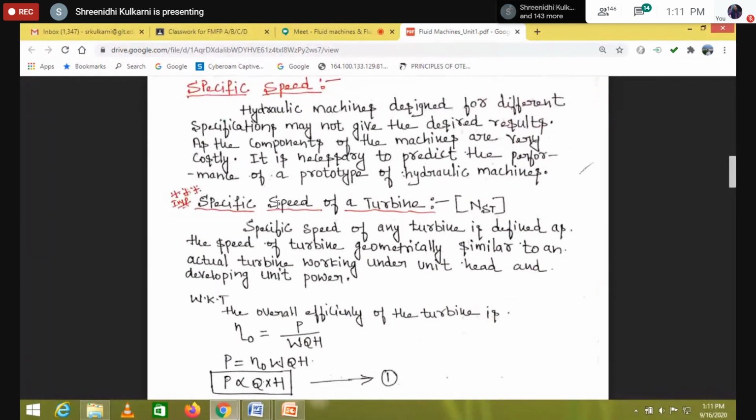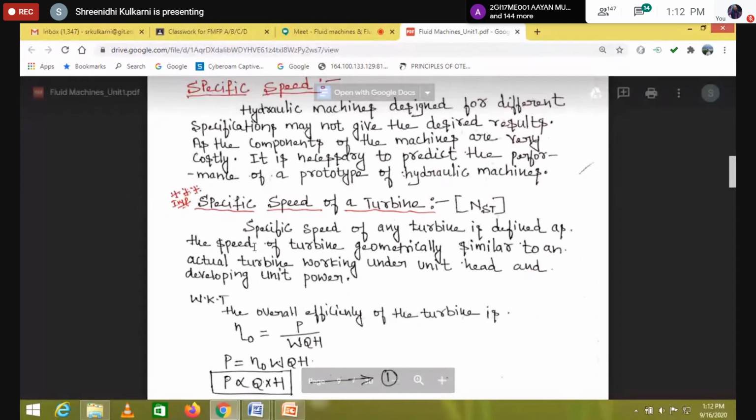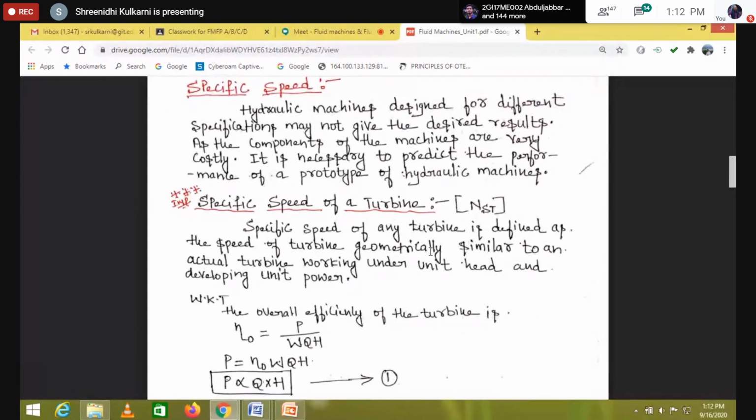Next I'll come to the specific speed of a turbine. It is denoted by NST. The specific speed of any turbine is defined as, please understand here, the speed of a turbine geometrically similar to an actual turbine, working under unit head and developing unit power.